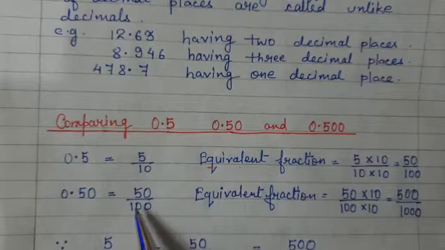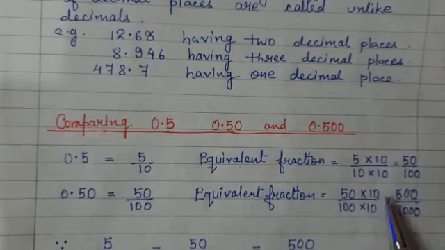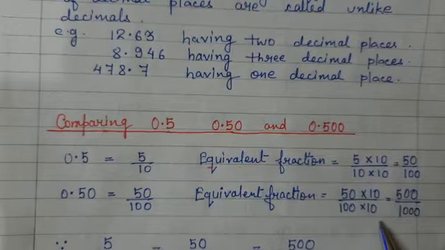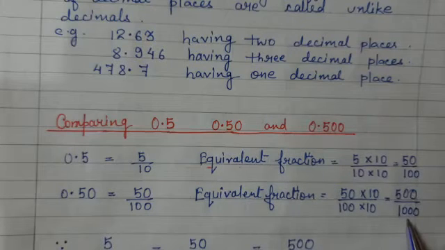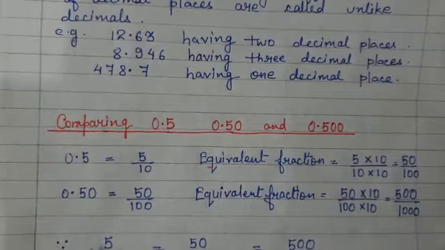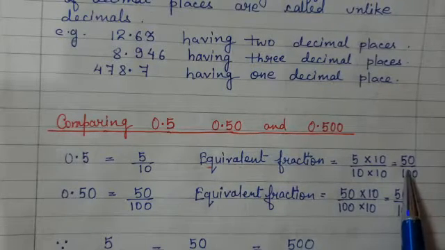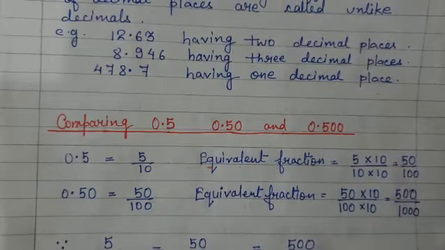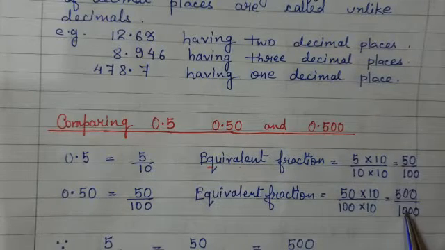Similarly, 50 upon 100 again can be converted into an equivalent fraction by multiplying 10 with both numerator and denominator, and the fraction is 500 upon 1000. So this 500 upon 1000, the decimal form is 0.500. Therefore, we can say that 5 upon 10 is equal to 50 upon 100, already we have seen here. And 50 upon 100 is equal to 500 upon 1000, already we have seen here.